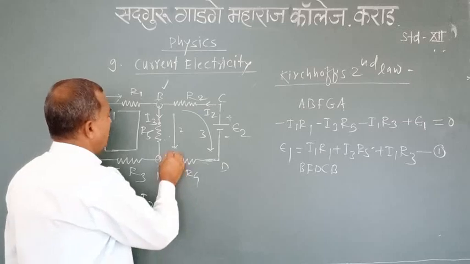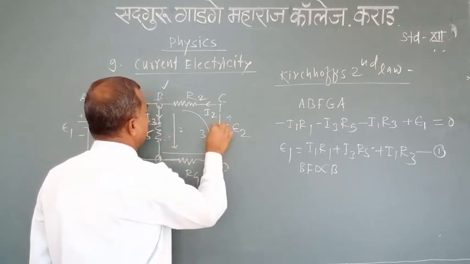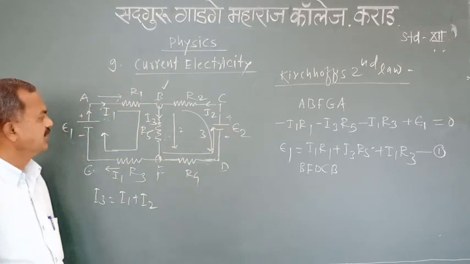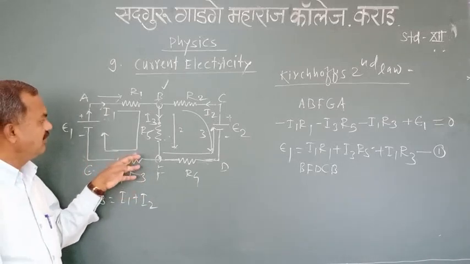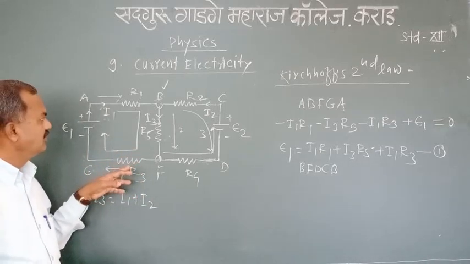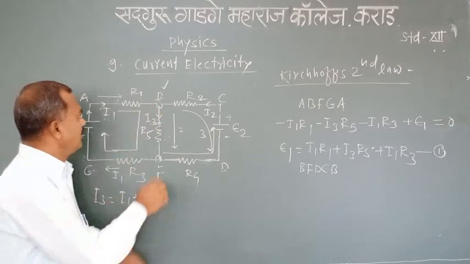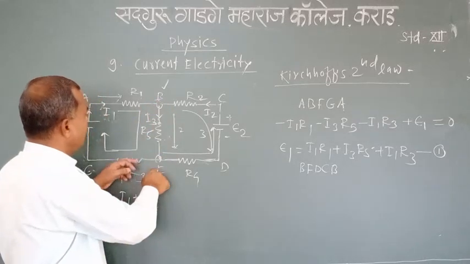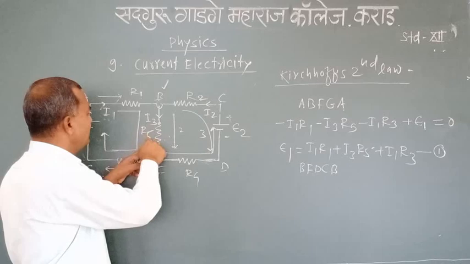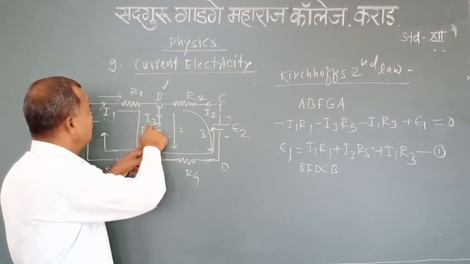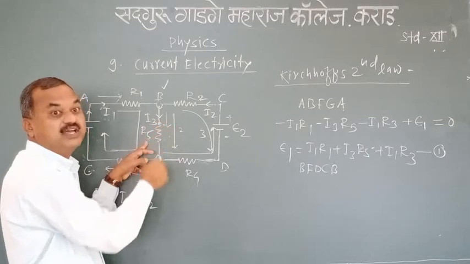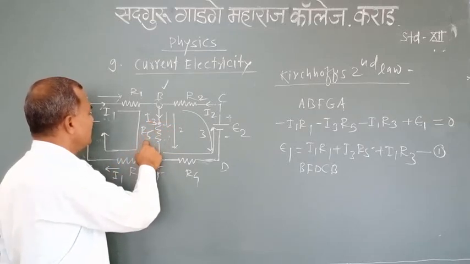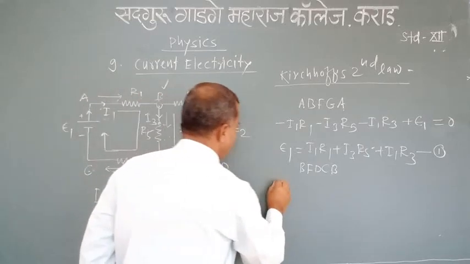In the anti-clockwise sense like this. Apply Kirchhoff's second law by considering the sign convention for that loop. Start from point B. From B to F, resistance R5, current I3. The direction of tracing the loop is the same as the direction of current. So the product I3 R5 becomes negative.